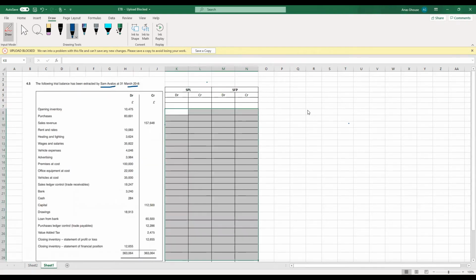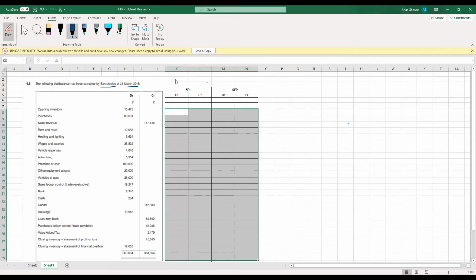Okay, so now you are given a set of account balances in the trial balance. So you have to show how these balances will be reflected in the statement of profit or loss account and statement of financial position.